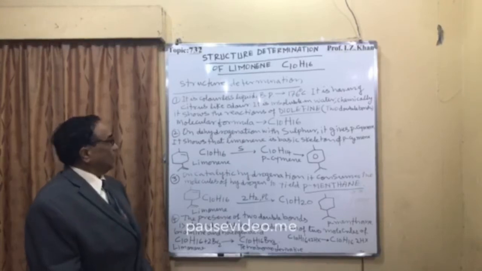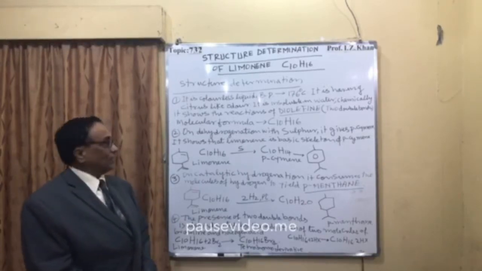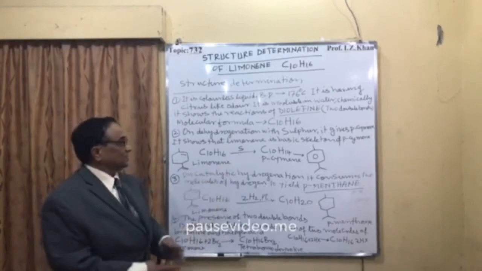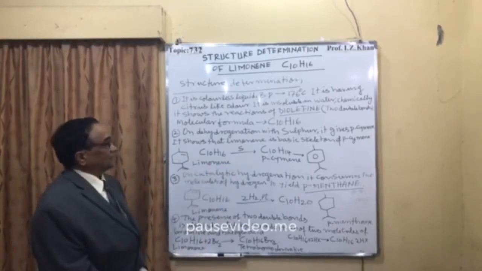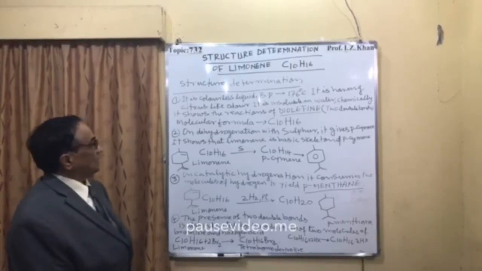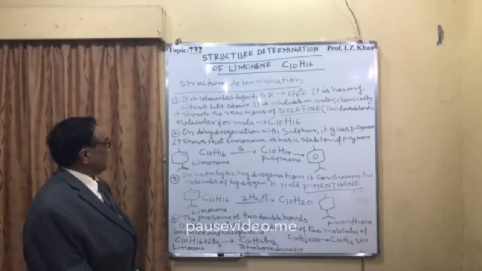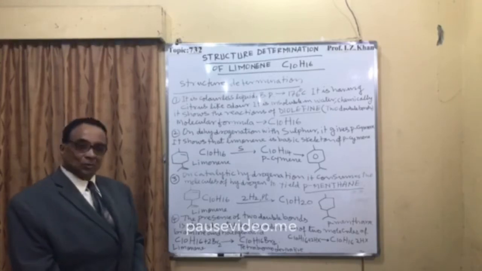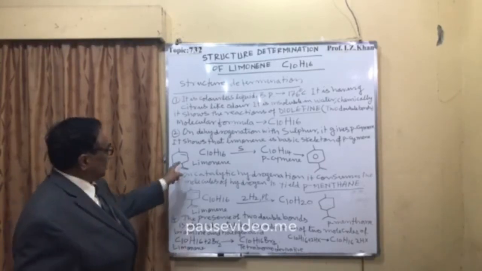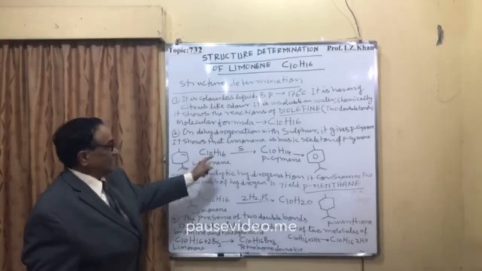Number 2, on dehydrogenation with sulfur, once limonene is treated with sulfur, it gives para-cymene, and it shows that limonene has the para-cymene skeleton. So this is your limonene, C10H16.